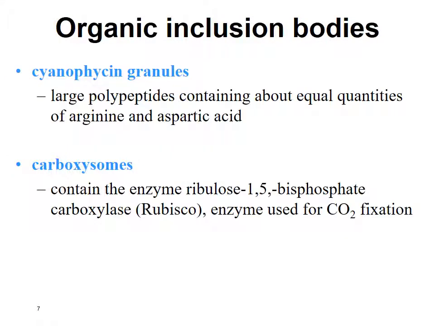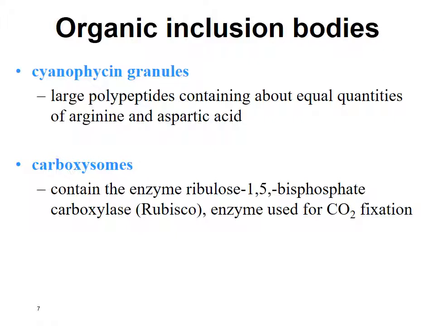The photosynthetic bacteria, otherwise known as cyanobacteria, have two distinctive organic inclusion bodies. The first type are referred to as cyanophysin granules, and these are composed of large polypeptides. They function to store excess nitrogen for use by the bacteria.